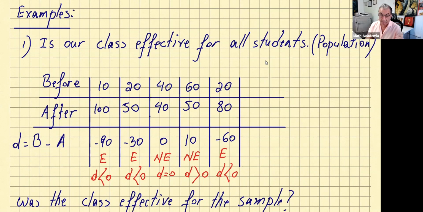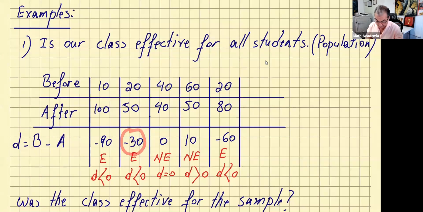Now let's see what happens on an individual basis. There is an improvement here, so the class was effective for the first student, and the difference is negative 90. That means it was effective for that individual person.